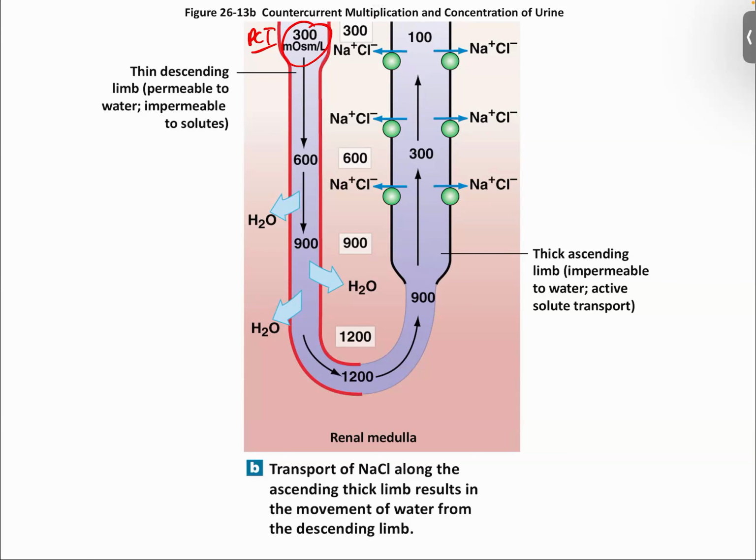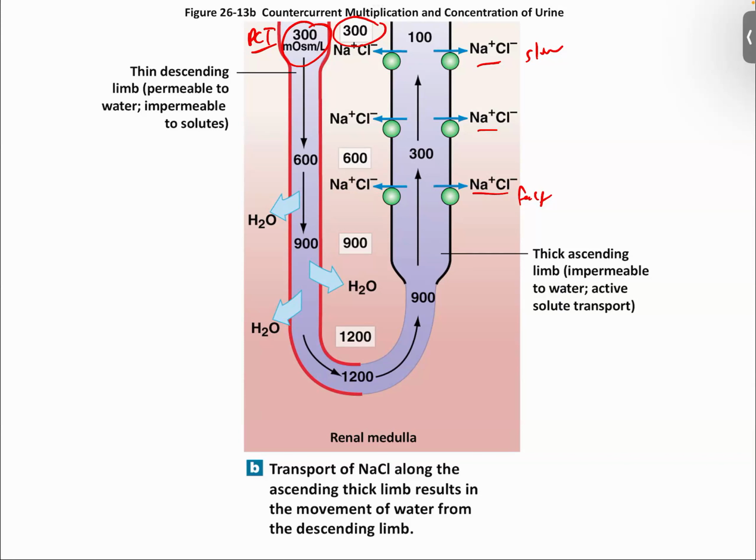What happens is the consequence of these sodium chloride pumps that are pumping out sodium and chloride at variable speeds. Remember, these guys are fast and these guys up here are slow. This gives you a ladder-like structure of solutes around this tubular system. Up here by the proximal convoluted tubule, the concentration of the peritubular space is going to be 300, very similar to what's inside the tubule.